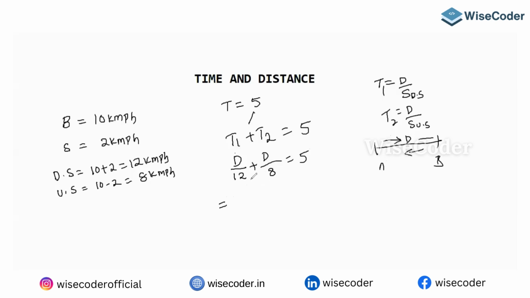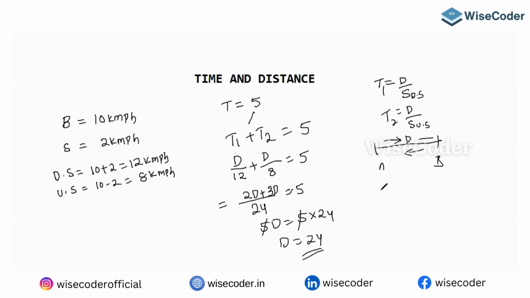Okay, so calculate this. 12 and 8, what is the LCM? 24 is the LCM. Yes. 12, how many times? 2 times, 2D. This is 3 times, 3D, which is equal to 5. You can say 5D is equal to 5 into 24. So 5 gets cancelled, then D is equal to 24 kilometers.